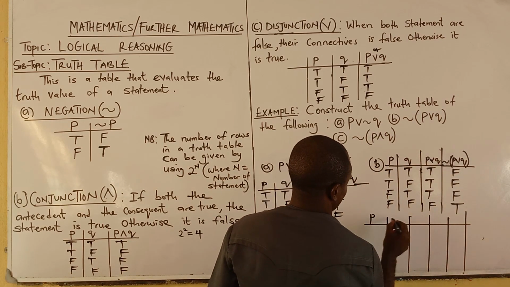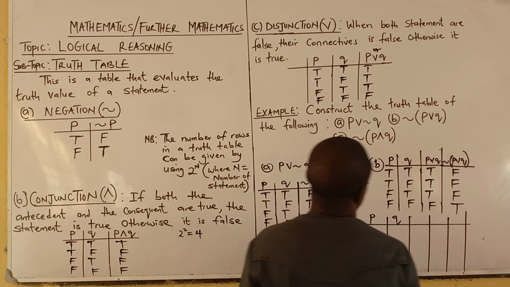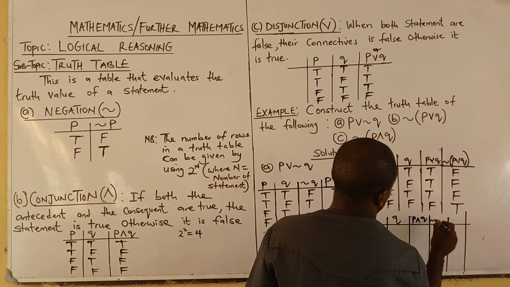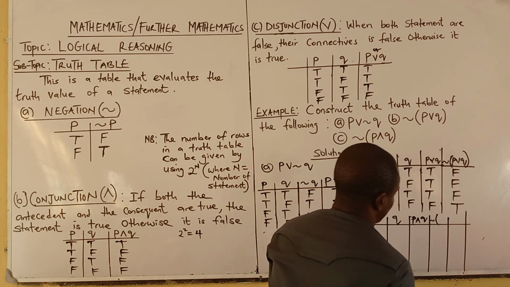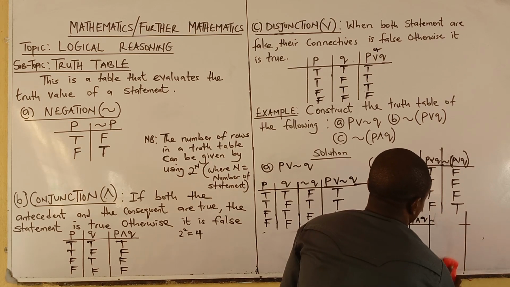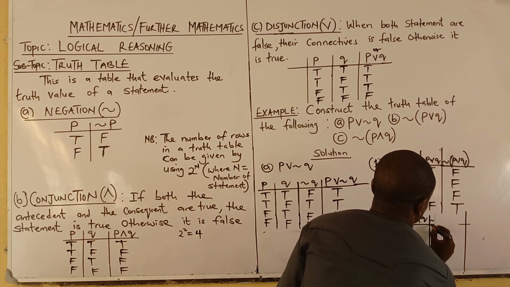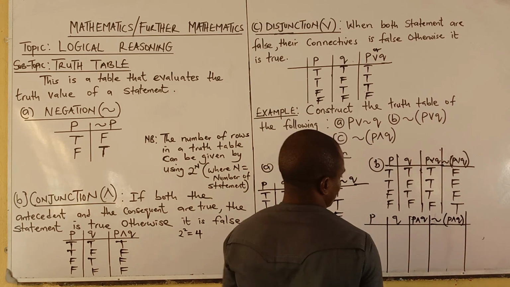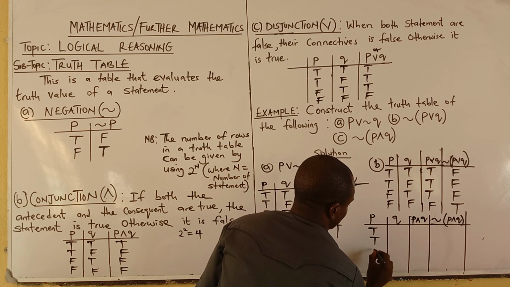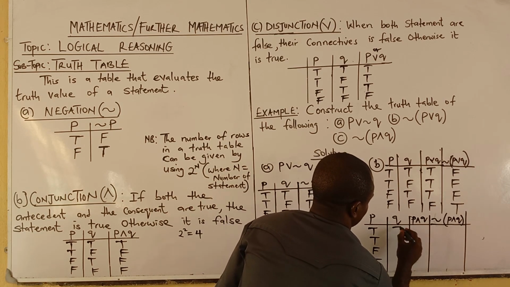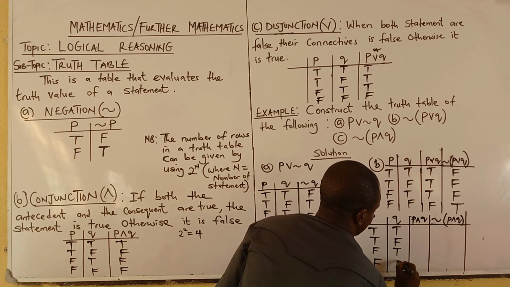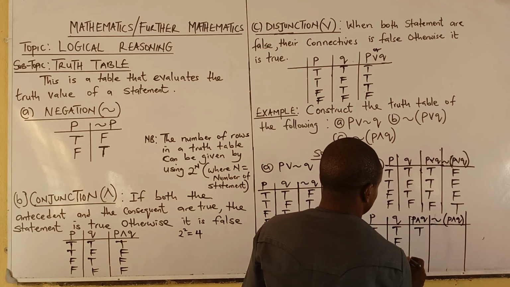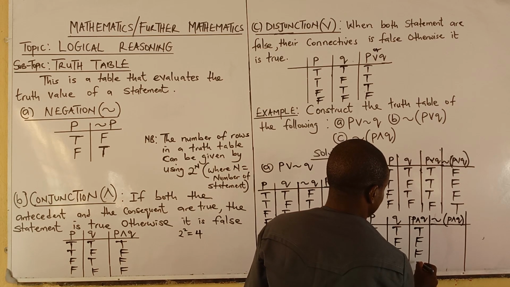Now you have P, Q, P conjunction Q, negation of P conjunction Q. P, that's T, T, F, F. Q: T, F, T, F. P conjunction Q, that's T, and the other ones are F because of "and".